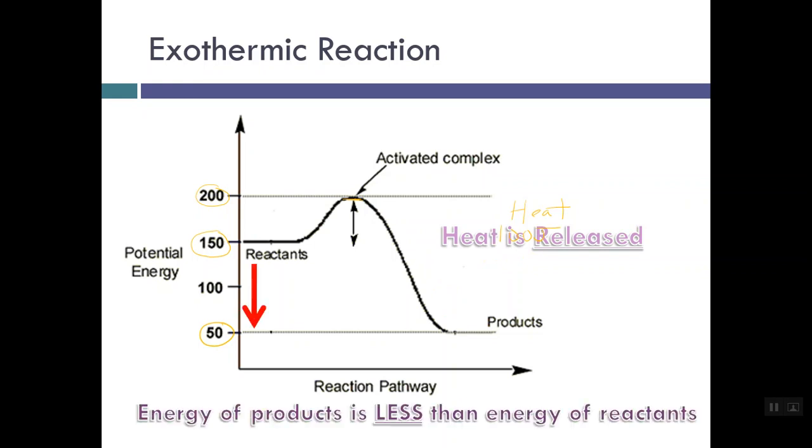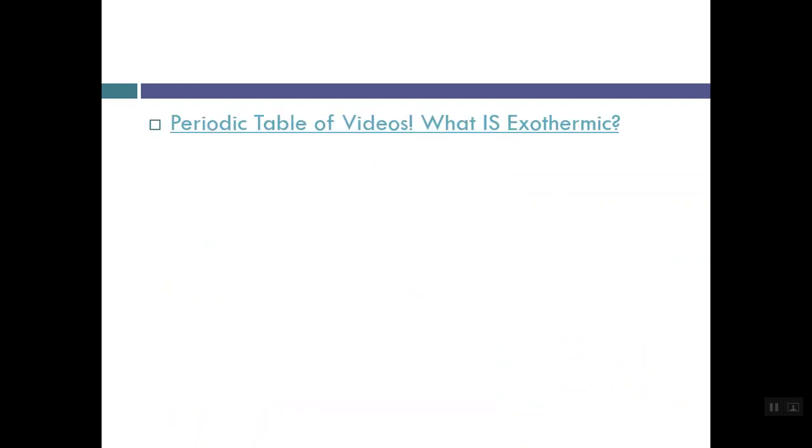The energy of your products is less than the energy of the reactants. That means you have an exothermic reaction. All right, because we have the law of conservation of energy, that heat did not disappear. It changes, it's released into the system. So the heat becomes a product.